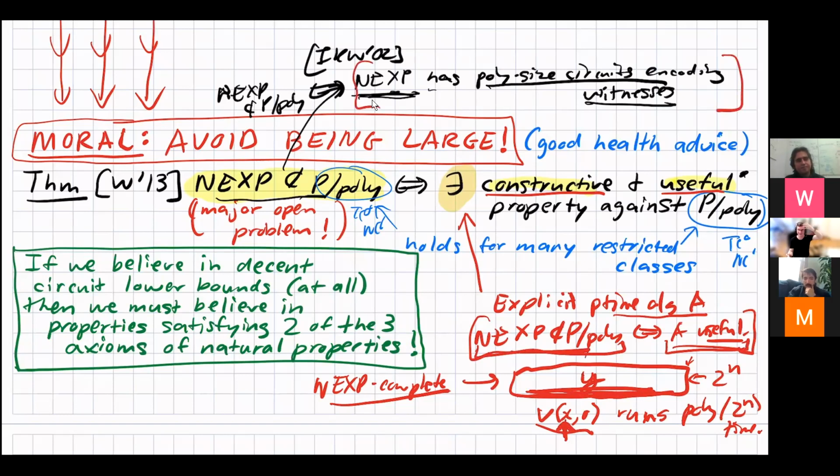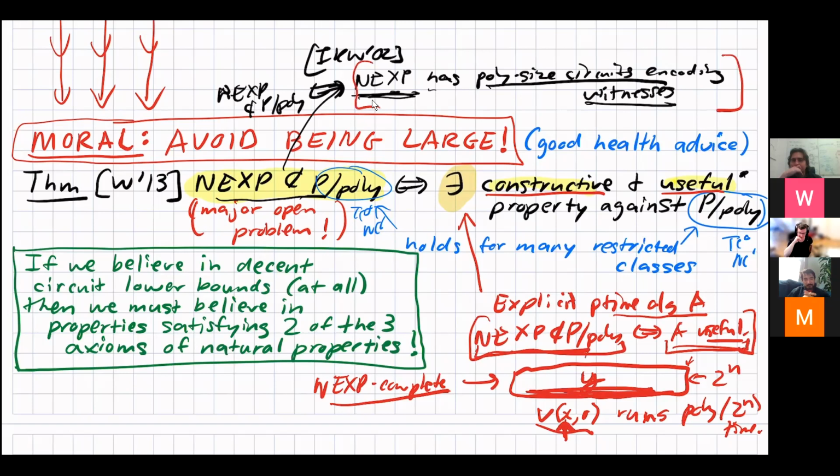And the NEXP complete problem you have is also explicit, right? Yes, I suppose you could take any NEXP complete problem. I just took a canonical one where you're verifying that a non-deterministic machine accepts within so many steps, or two to so many steps.